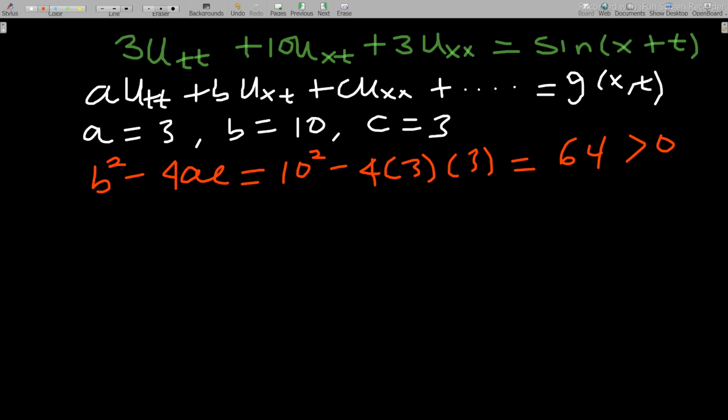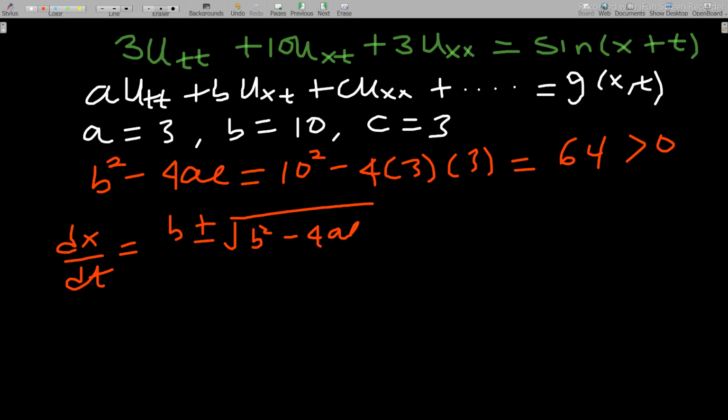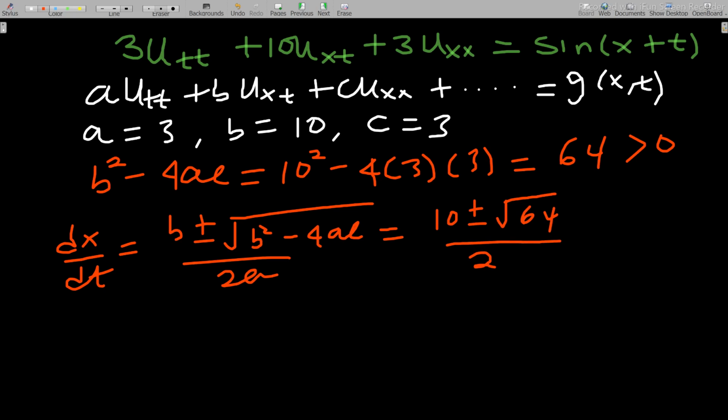So what I have to do is just solve dx/dt, which is equal to b plus or minus the square root of b squared minus 4ac, over 2a. This implies dx/dt equals 10 plus or minus square root of 64, over 2 times 3, and 2 times 3 is 6.